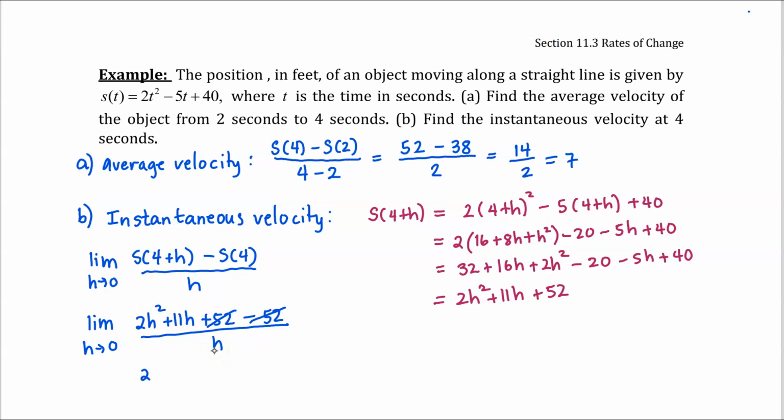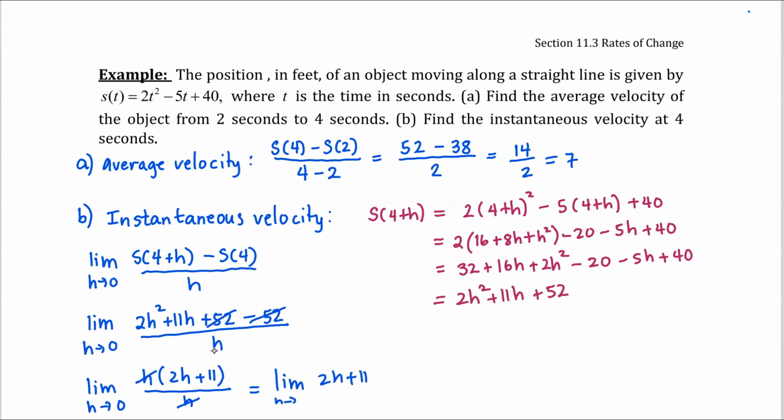So you can factor it out. You have h times 2h plus 11, divided by h, limit as h approaches 0. Now you can cancel h. So then you're left with 2h plus 11.